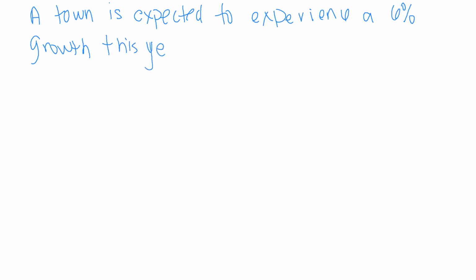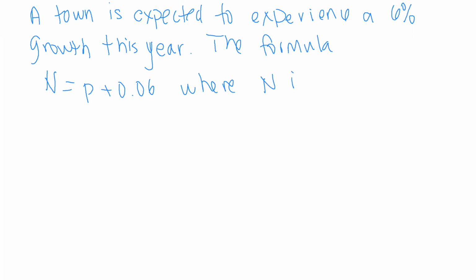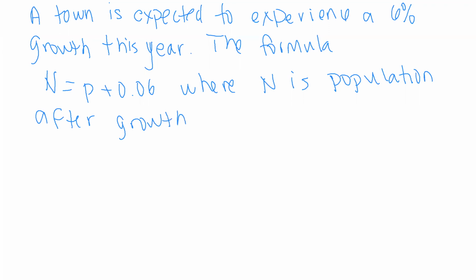I guess I forgot a word there. Use the formula n equals p plus 0.06p, where n is the population after growth and p is the current population.